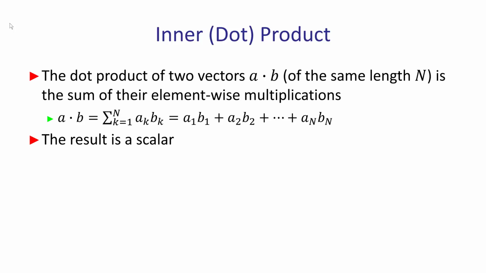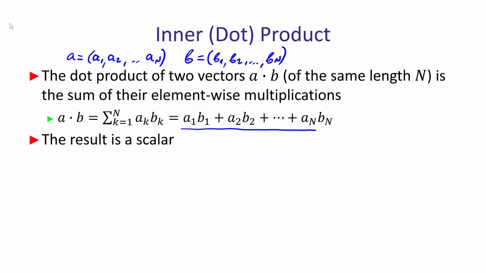Now I want to define another very useful product of two vectors. This is called the inner or dot product of two vectors a and b. Those two vectors should be of the same size, and this size should be n. So if we assume that vector a equals a1, a2, and so on to an, and vector b is b1, b2, and so on, bn, their dot product will be the sum of their element-wise multiplications, which means something like that.